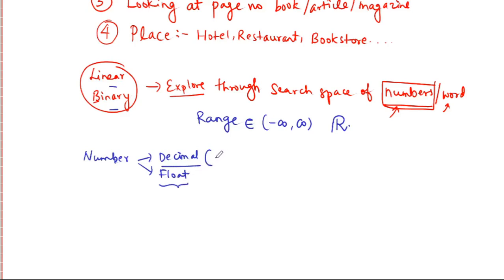So this will give us a complete idea of how the search algorithm actually works. This video will only focus on decimal values, but can be extended to float as well. Now let's look at the idea of how linear search actually works.